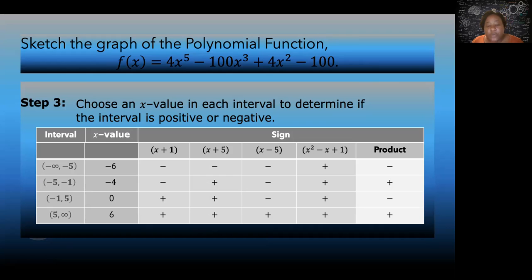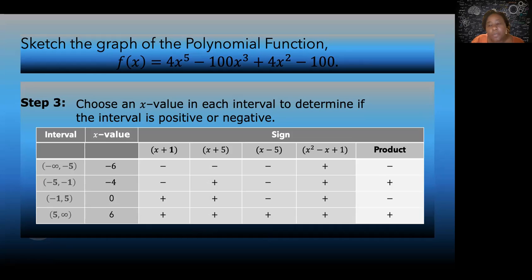With the x value 6, we see that each factor, when we plug 6 inside, we get a positive. And when we multiply that product together, we get a positive. But also, you probably say, well, what about the 4? But 4 is positive as well. So you still will get a positive at the end.